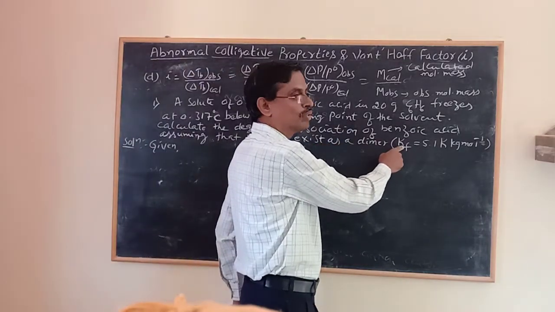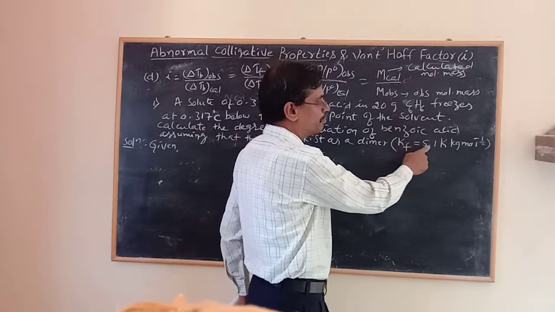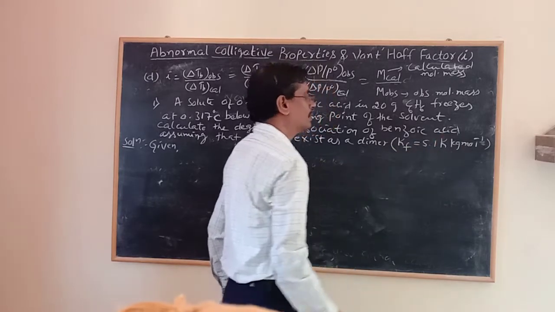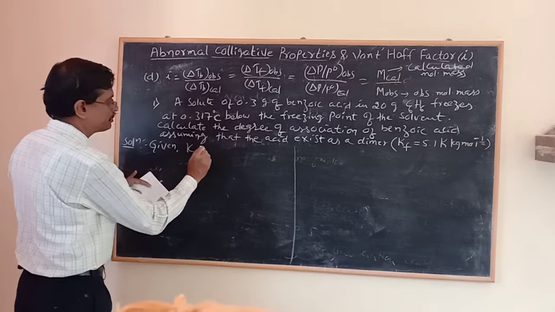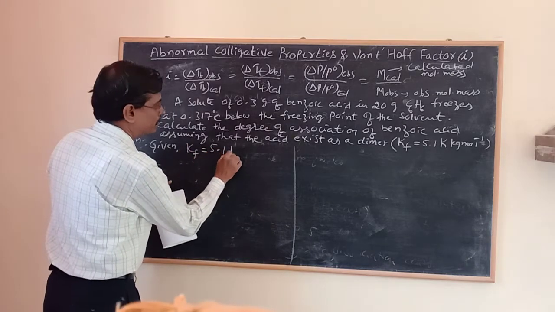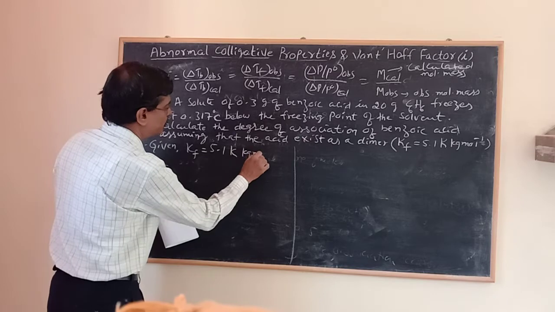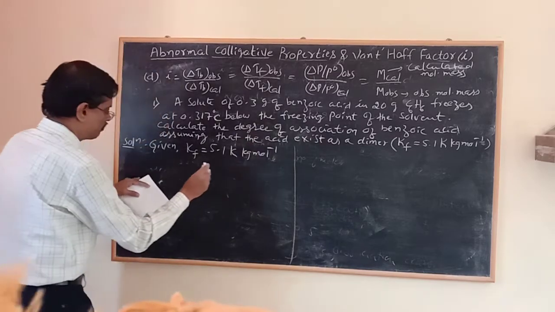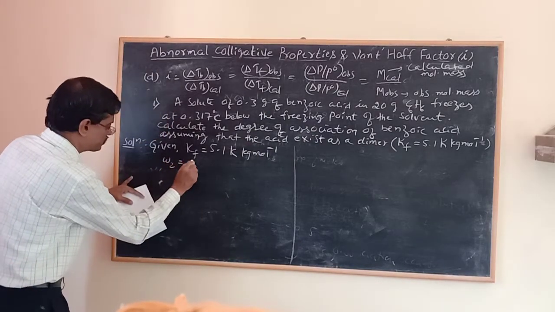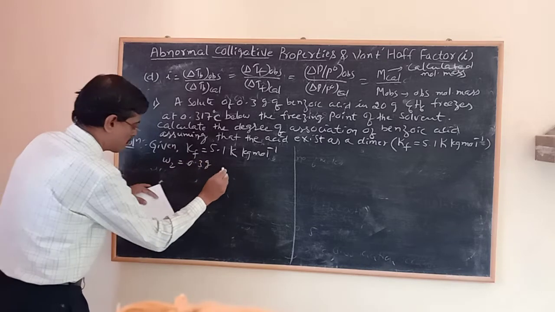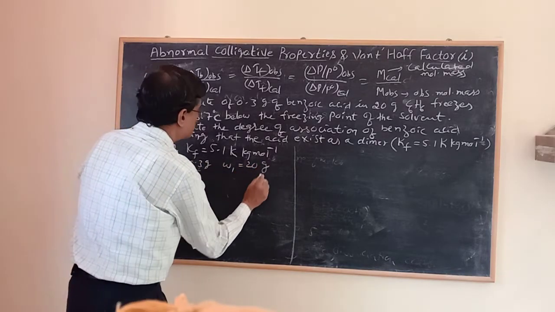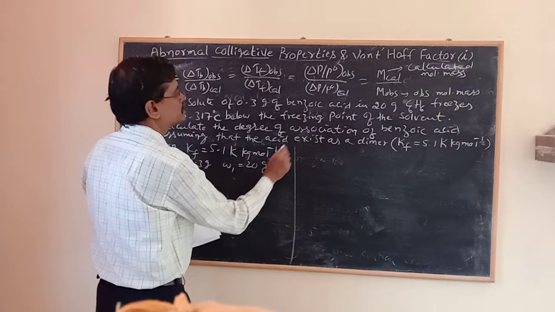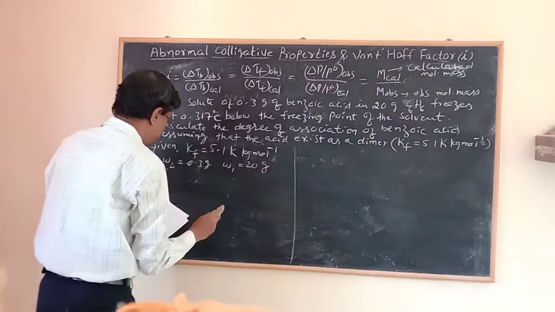Kf, the molal depression constant, is equal to 5.1 Kelvin kg per mole. Given quantities: Kf is equal to 5.1 K kg per mole, W2, mass of the solute, 0.3 gram, mass of the solvent 20 gram. Solvent in this case is benzene, solute is benzoic acid.